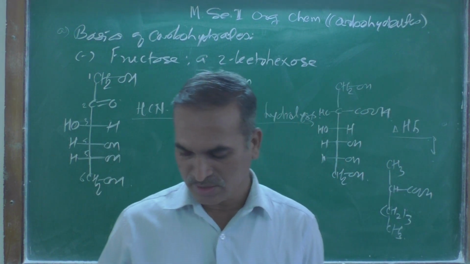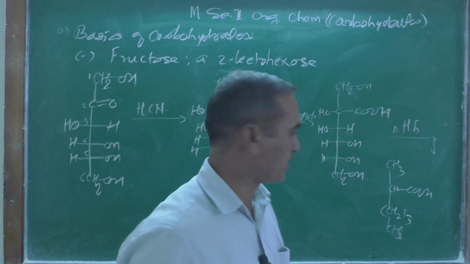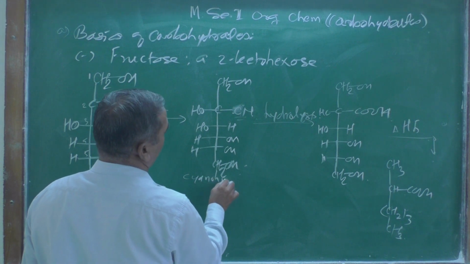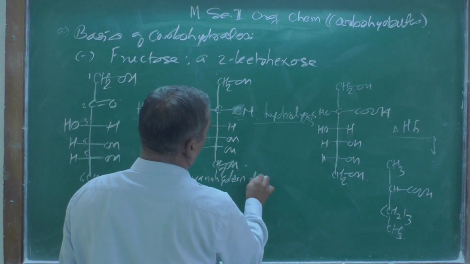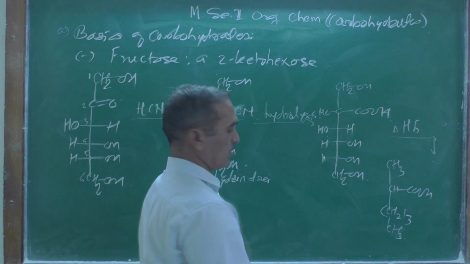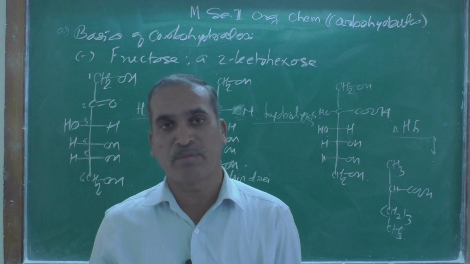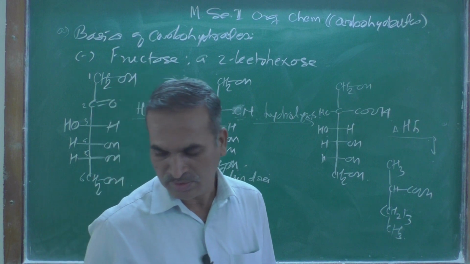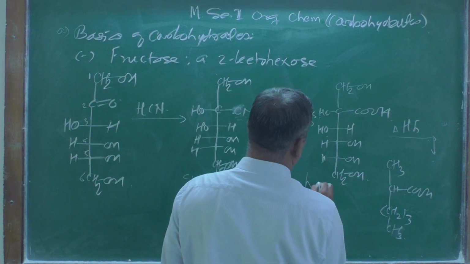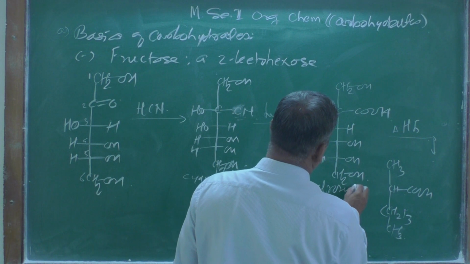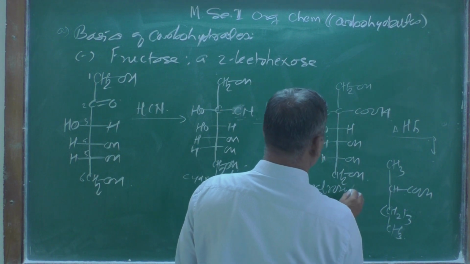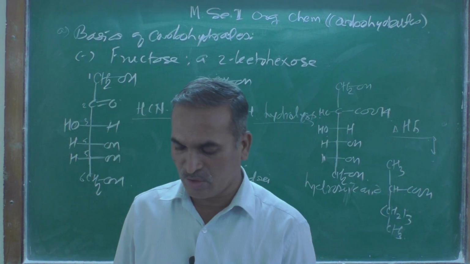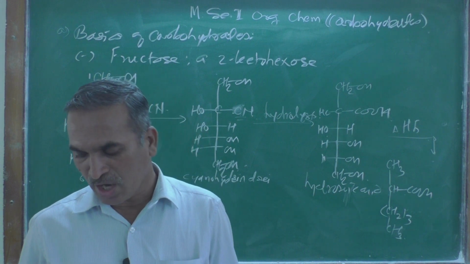The name of this compound is a cyanohydrin derivative. This one is called a cyanohydrin derivative. Here what we got is a hydroxy acid. This is a hydroxy acid, and this final product which we got is alpha methyl caproic acid.